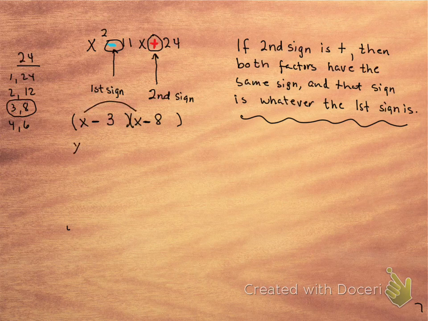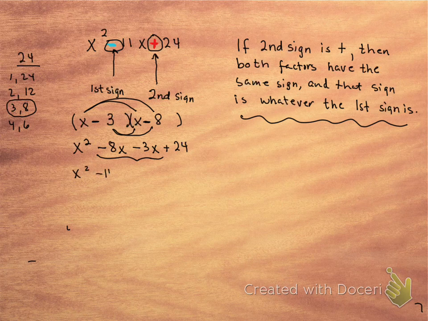X squared minus 8x minus 3x plus 24. Negative times a negative is a positive. Then we've got our like terms here. So x squared minus 11x plus 24. That's what we started with, so we know that we've factored it correctly.